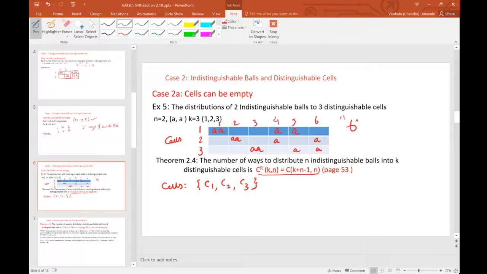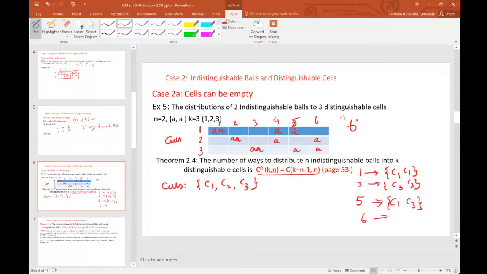Here, I will call distribution 1, where I am placing both the balls in the first cell, C1 comma C1. And say distribution 3, if you take both the balls in the third cell, it is C3 comma C3. For distribution 5, I am placing one ball in cell 1 and one ball in cell 3.